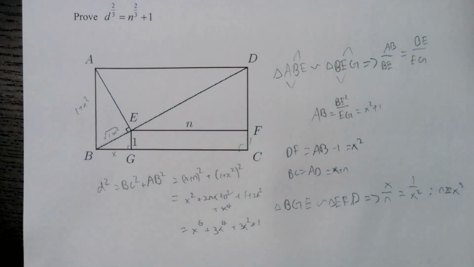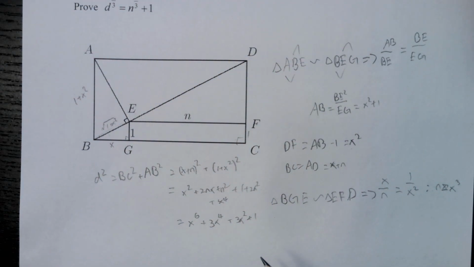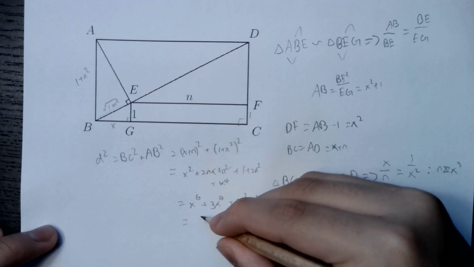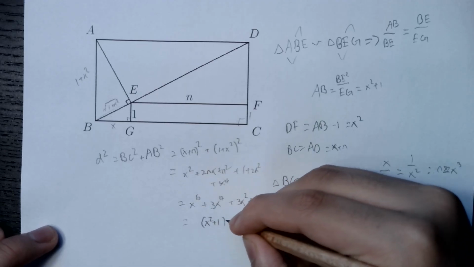Here we can see that the coefficients, 1, 3, 3, 1, are actually the third row of Pascal's triangle. And this means that this equation can be factored into x squared plus 1, to the power of 3.